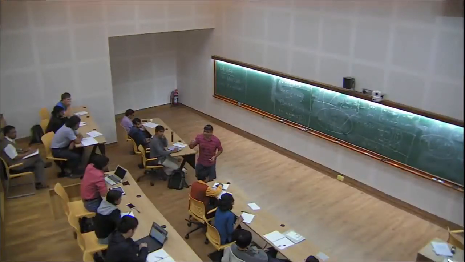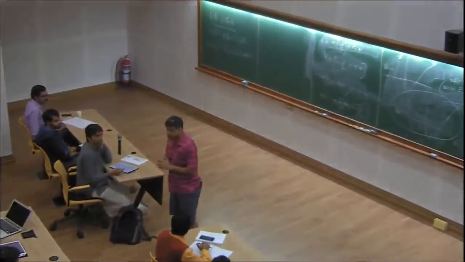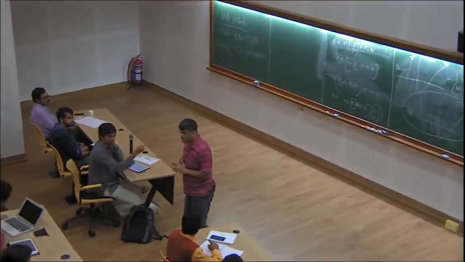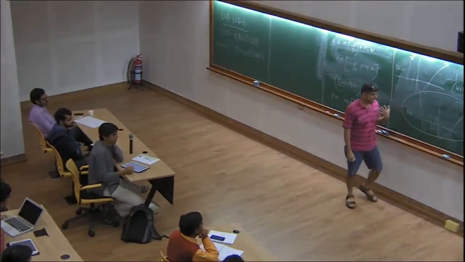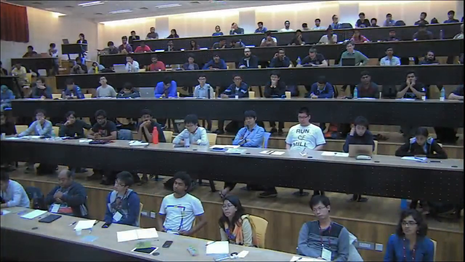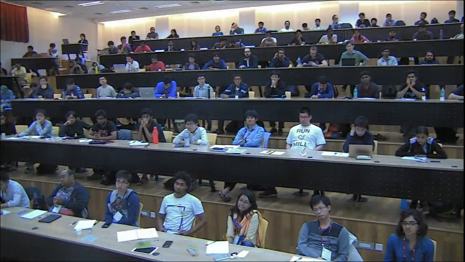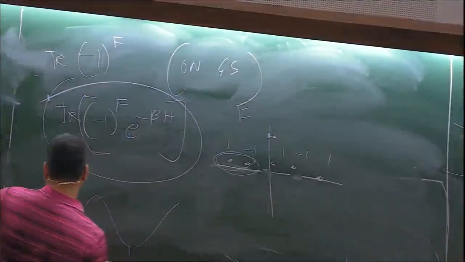What happens if you were to periodically identify X? Okay. If you were to periodically identify X, so you would have to deal with potentials that had a periodic symmetry. That's your question. Okay, so suppose I had a potential that has a periodic symmetry.